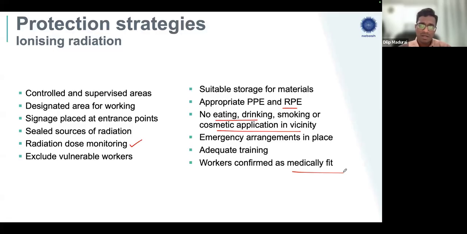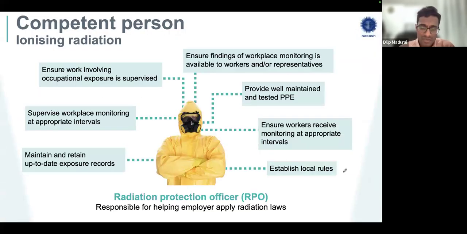As part of health surveillance, your skin check is also mandatory, because any damaged skin can cause radiation to find a route into your body. A comprehensive health surveillance program will include all those examinations. Here, the competent person would appoint a radiation protection officer, or sometimes they are called radiation protection supervisors.